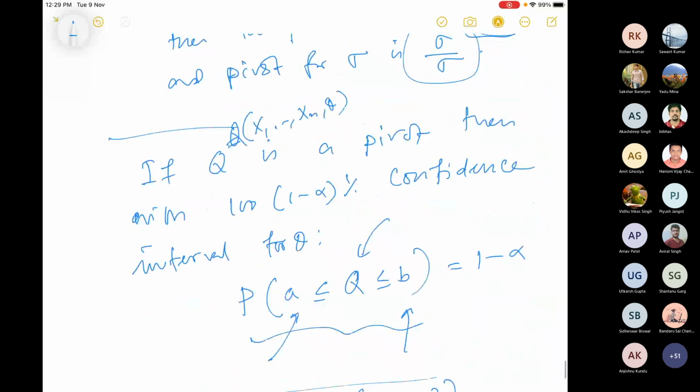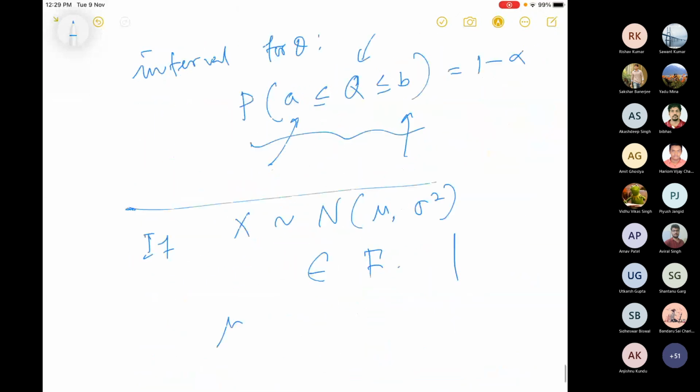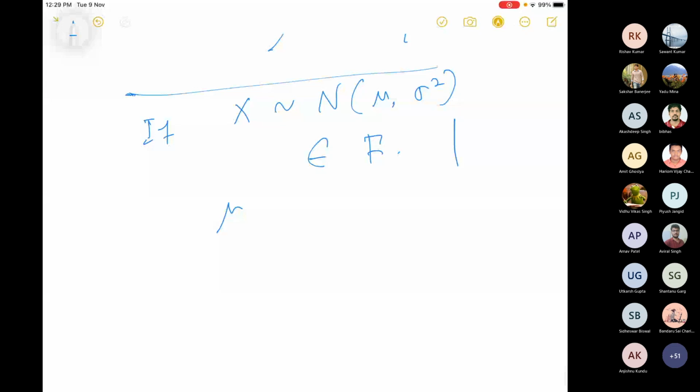Now what is it for the normal? What is the maximum likelihood estimator for a normal? That was X bar.